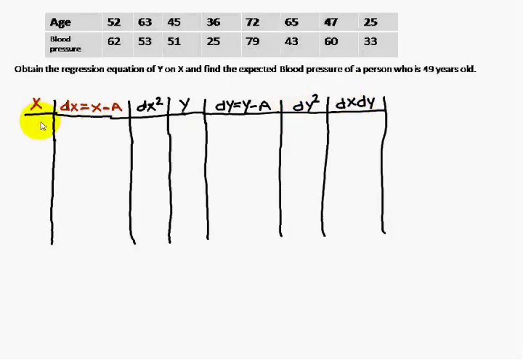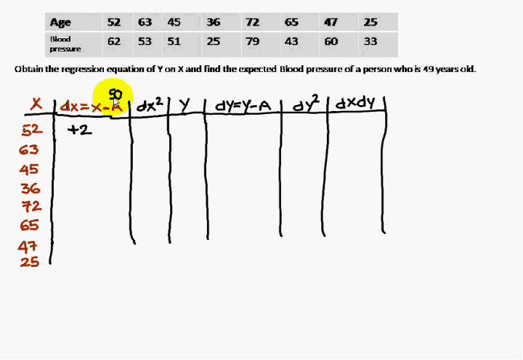In x I am going to write the age values. I am considering the assumed mean as 50. You can consider the assumed mean as whichever you like, that is not a problem. Here I am considering it as 50.